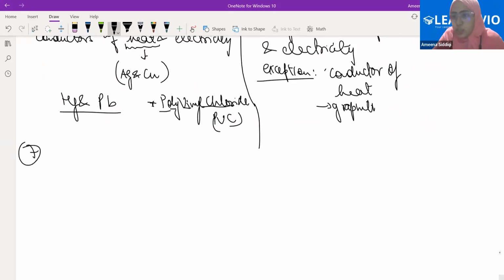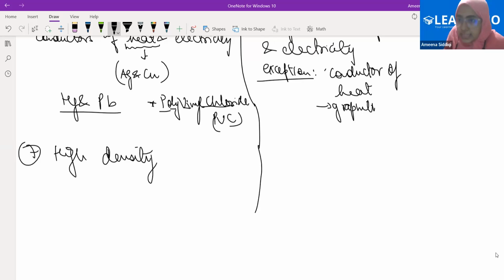Point 7, beta. When they are solid, generally they will be hard. If they are solid and hard, generally their density will be greater. So, high density. Please use the word generally. And if they are solid, hard, and have high densities, obviously they will have high melting and boiling points. Yes or no?